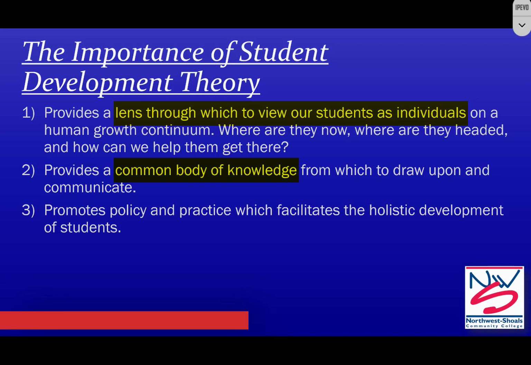But it does provide us a common frame of reference to begin to have conversations where we're more or less speaking the same language, and are able to work together a little more effectively to help our students progress and develop.